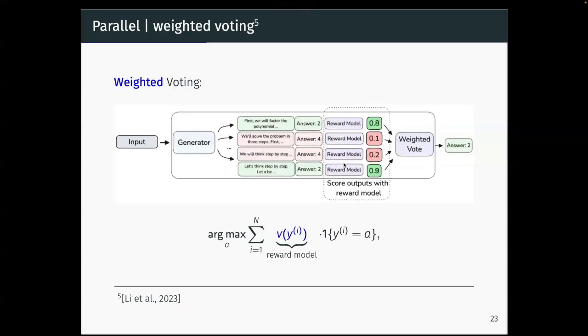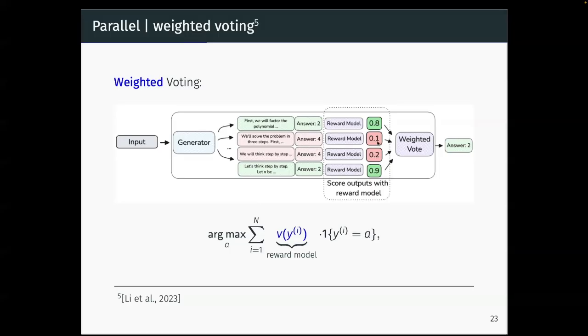You can also incorporate one of these reward models into the voting. This is called weighted voting. As it sounds, we weight each vote or each sequence. For example, here we would have a tie with majority voting, like there's 2 2s and 2 4s.